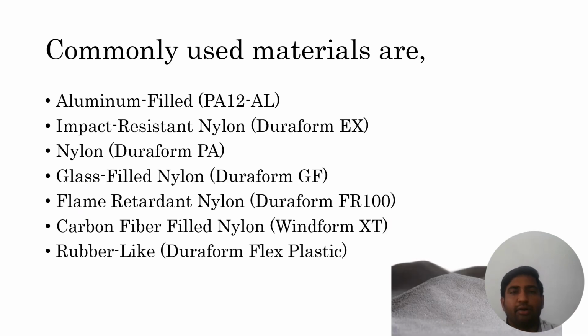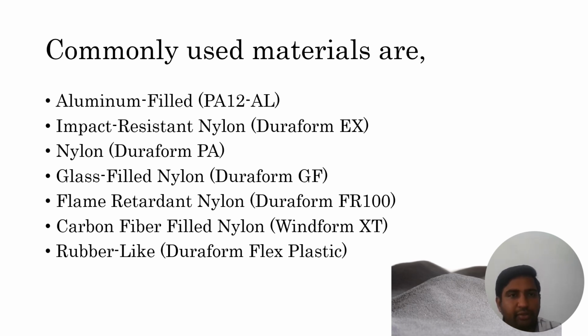These are the commonly used materials in the SLS process: aluminum-filled material with some aluminum particles, impact resin, nylon, and their scientific name, Lyroform PA, glass-filled nylon, and carbon fiber-filled nylon.